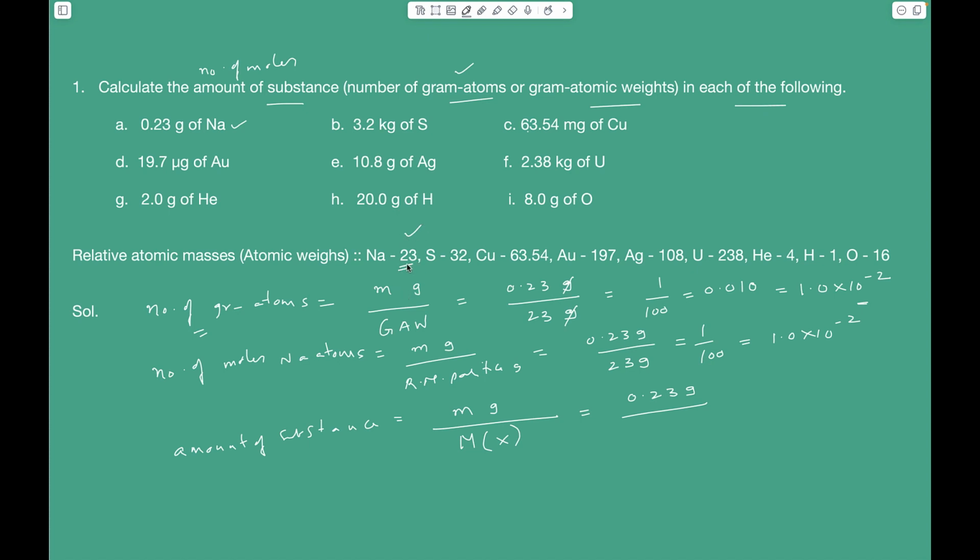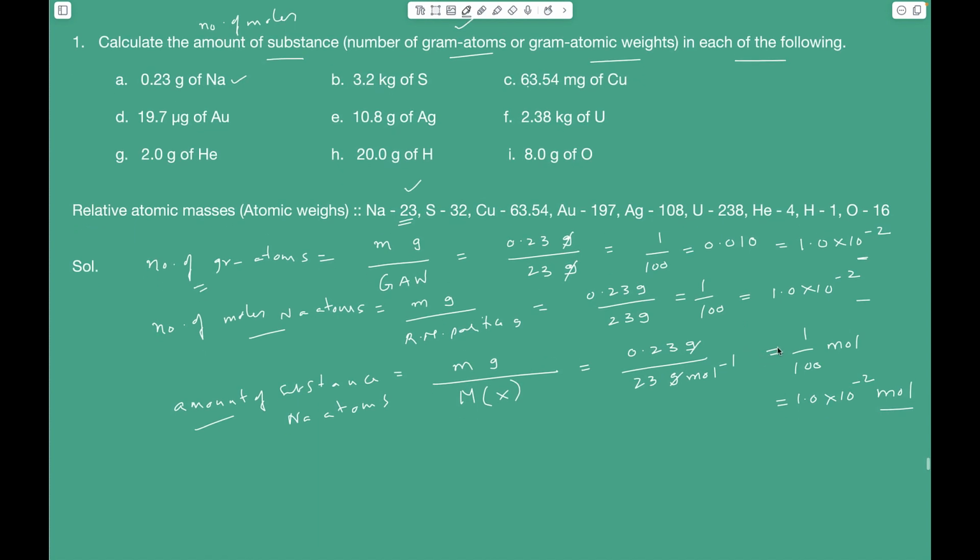So molar mass of sodium atoms is 23 grams per mole. Cancel these two units, then it again becomes 1 over 100, but now this has the unit mole. So it is 1.0 times 10 to the power of minus 2 mole. So see the difference? Number of moles is a number, whereas amount of substance has the unit mole.